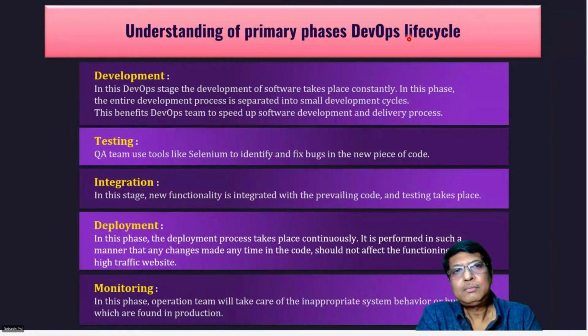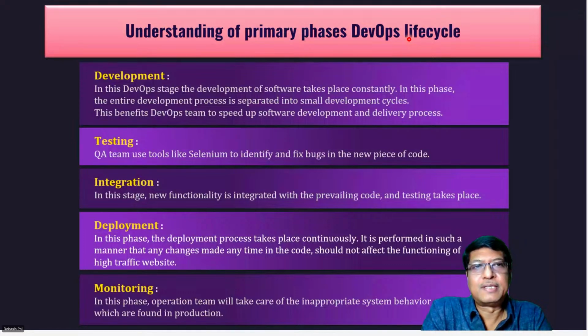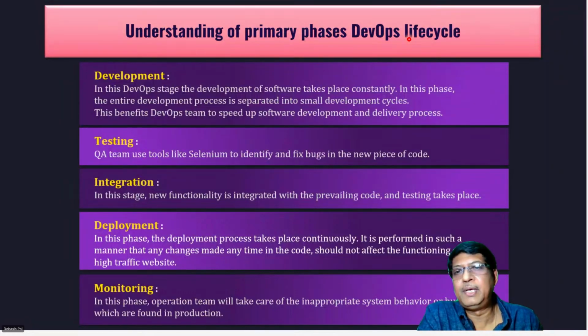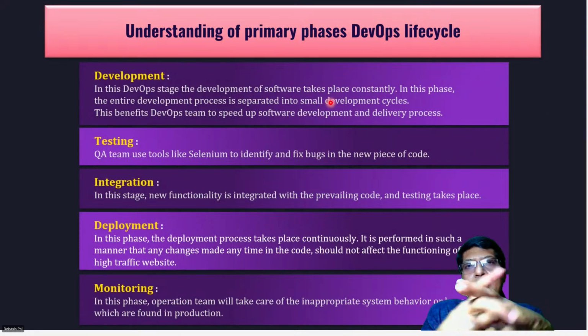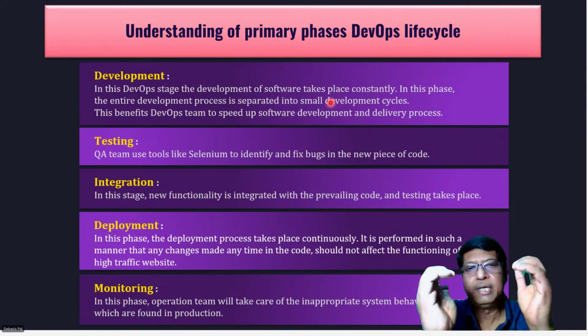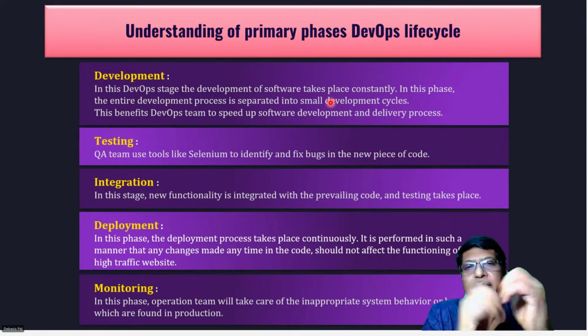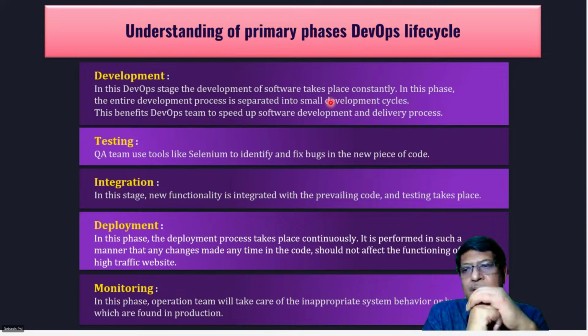Okay. So the primary phases of the DevOps lifecycle start with development. In this DevOps stage, the development of software takes place constantly. There is a term called continuous integration, CI, and continuous delivery and continuous deployment, called CD. So in all, we say CI/CD pipelines, automation pipelines.